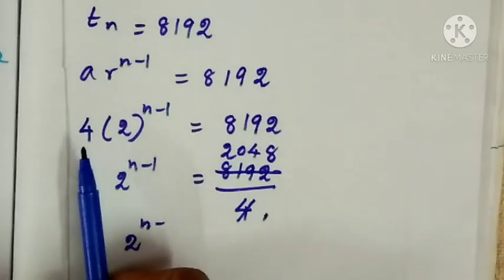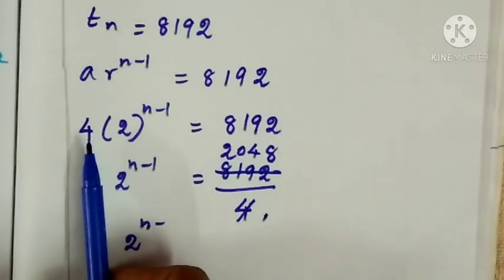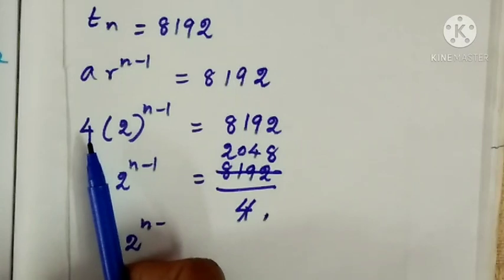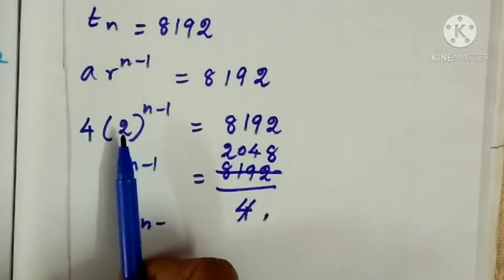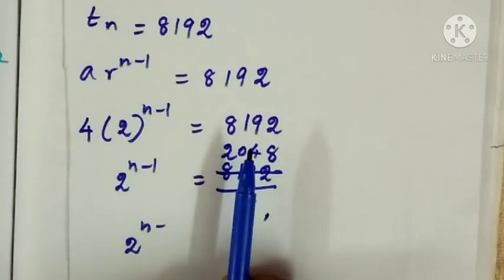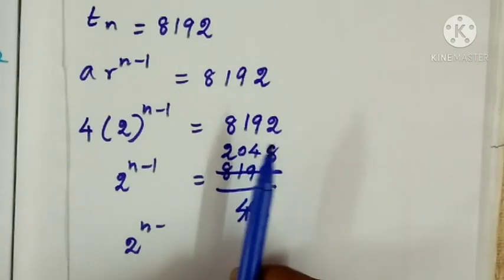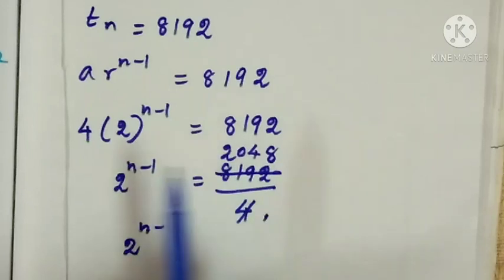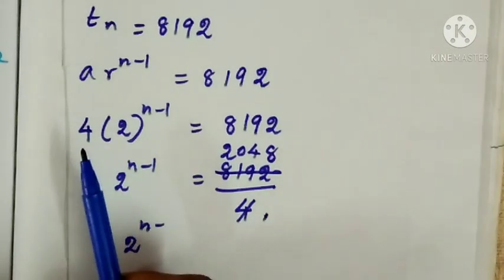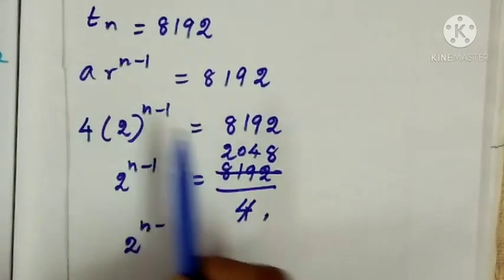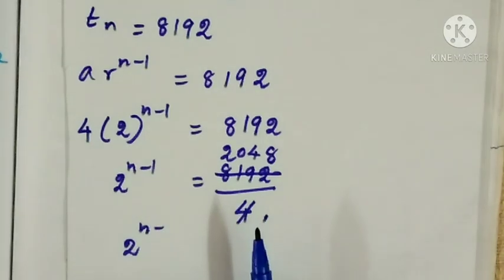Here you have to apply the value of A and R, that is 4 into 2 power n minus 1 is equal to 8192. Now, in the next step, transpose this 4 after the equal, which means it becomes divide.